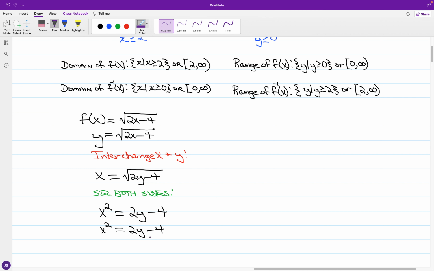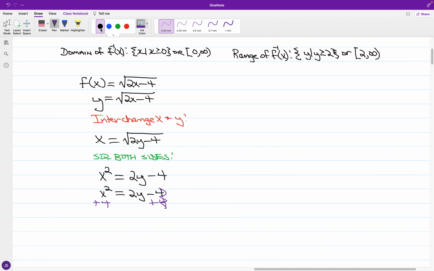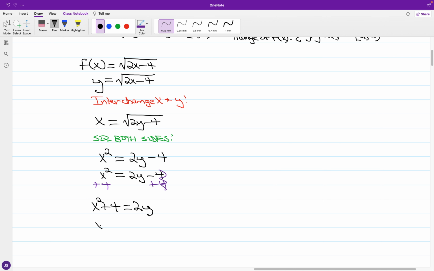And isolating the y term, upon adding 4 to both sides, we end up at x squared plus 4 is equal to 2y, and dividing by 2, we have x squared plus 4 over 2 is equal to y.